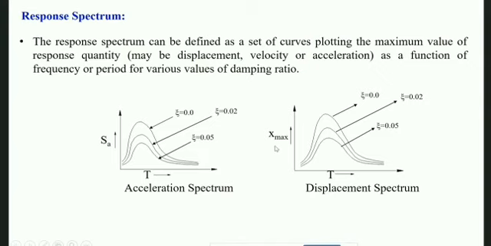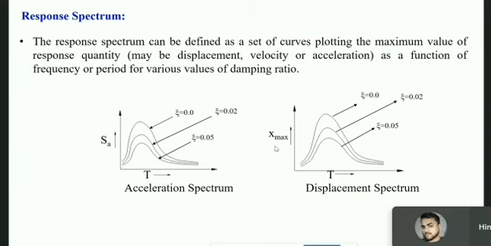The spectral means the maximum. Over a large horizon, we are picking up the maximum value. So from that implication, it is denoted by SA or SD or SV, for all the response quantities.